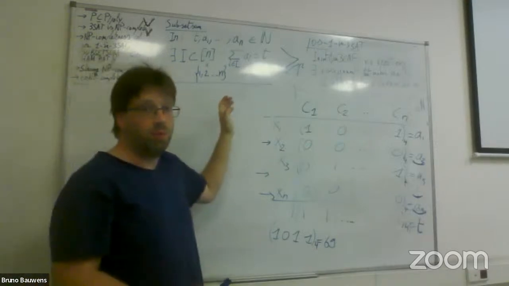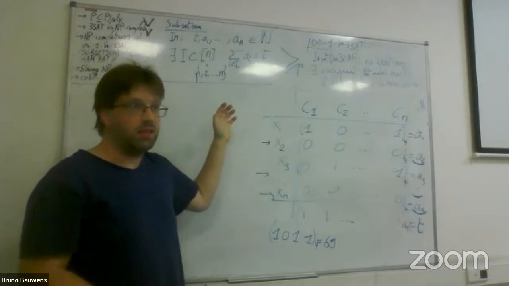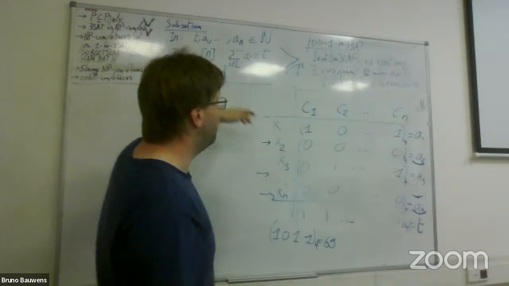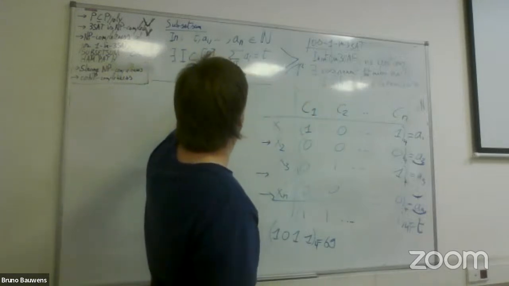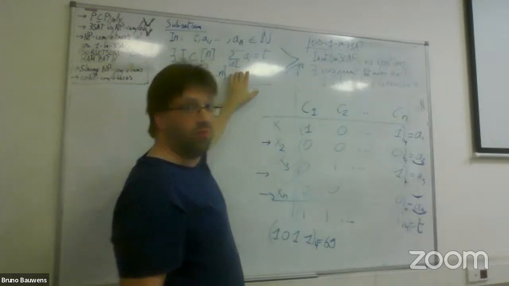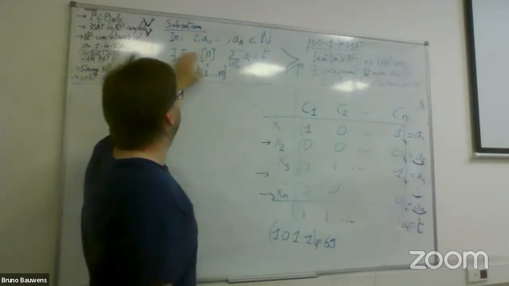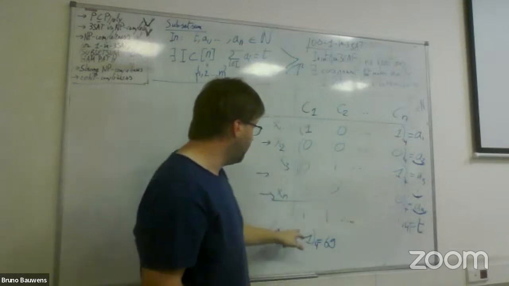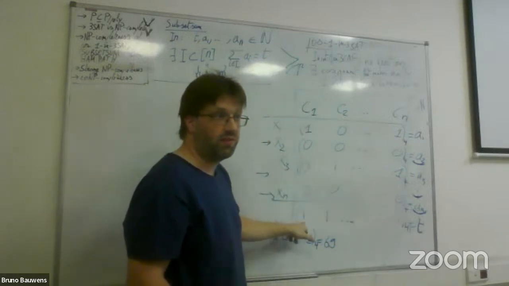So strong NP-completeness. It's about problems that have integers, like subset sum. Here the numbers are given in binary. They're huge numbers. We are taking 4 to the power n for the most significant digits.